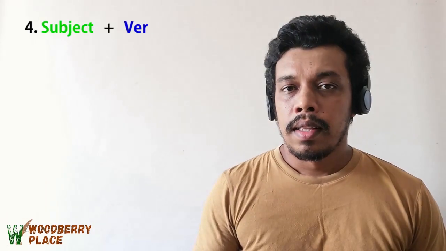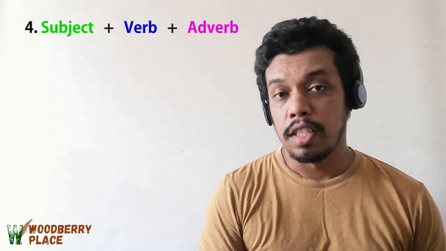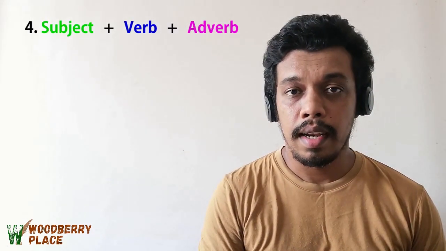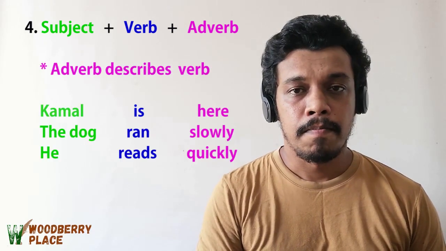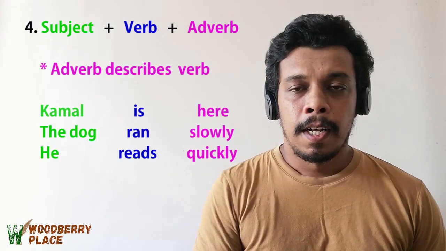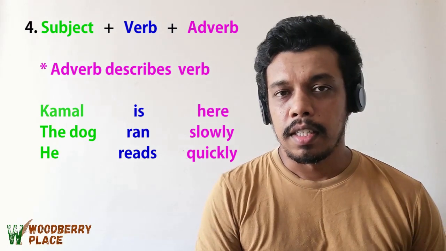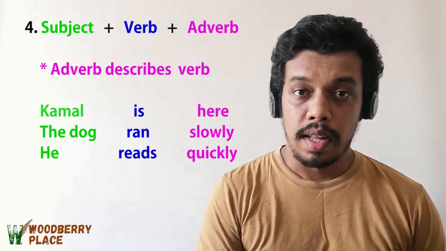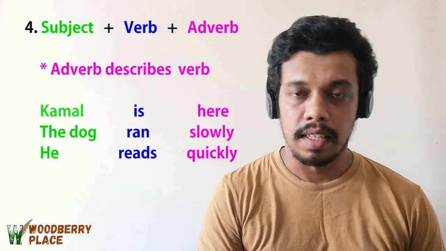For making sentences using the fourth pattern, we are going to have an adverb. Adverb describes a verb. This pattern consists of subject, verb and an adverb. As I have promised earlier, I will be discussing adverbs as well in the near future in another lesson.